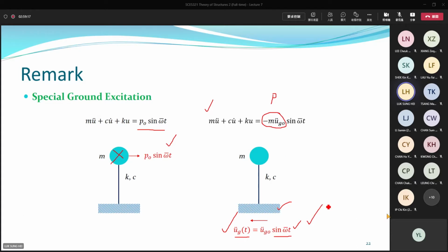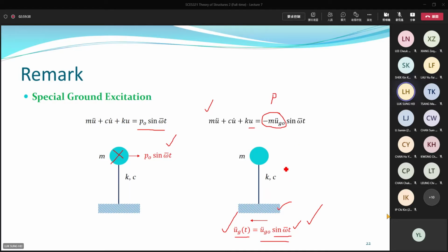They are the same problem mathematically. So if I ask you, we have a structure under a sine ground acceleration, what is the displacement? I think you should be able to answer this question, right? Because they have the same formula, same outcome.